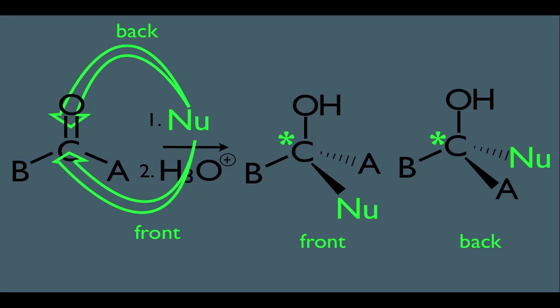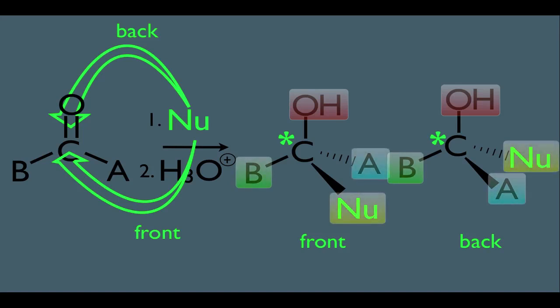The question is, how would these two molecules be related? Are they different or are they the same? Well, first notice they have the same 4 groups. Each carbon has an OH connected to it, a B, some A group, and then the nucleophile.